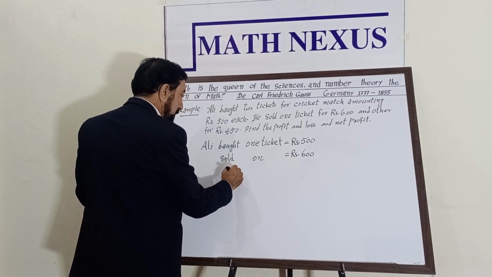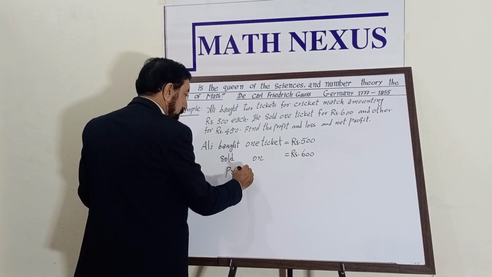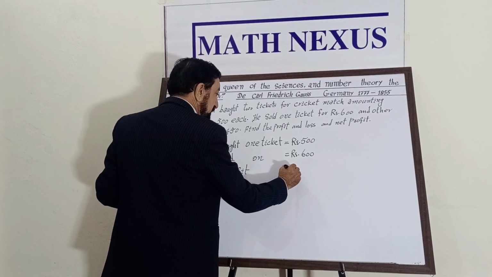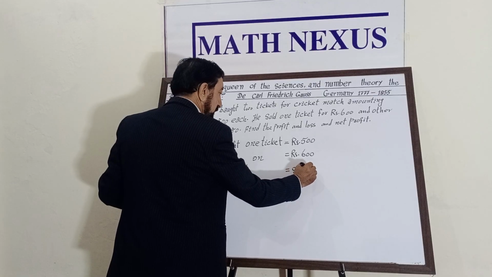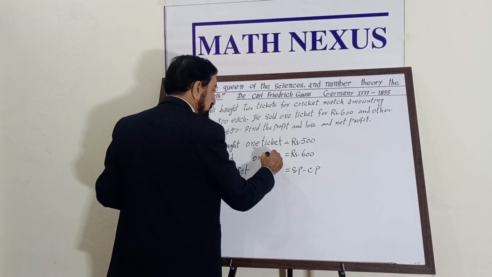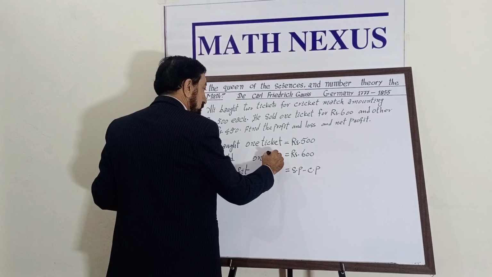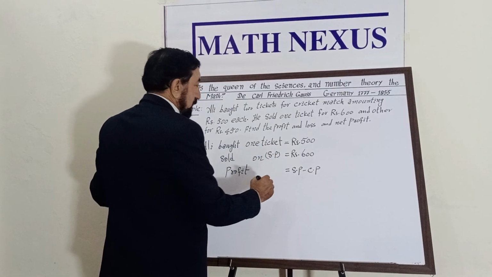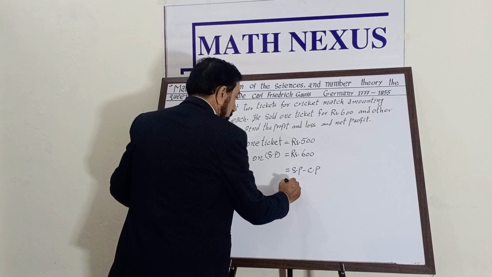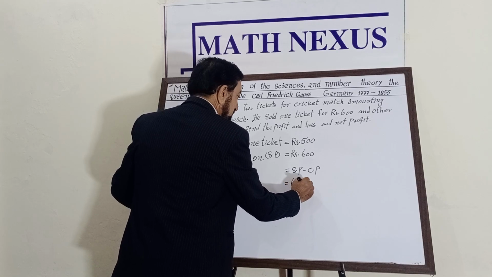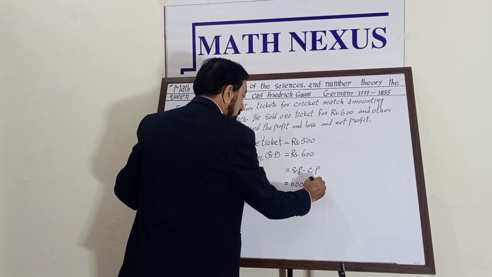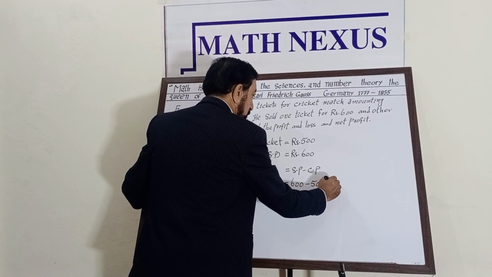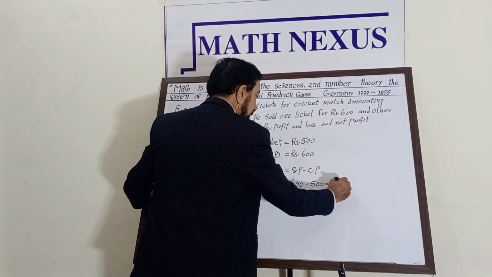Profit is equal to sale price minus cost price. Sale price is equal to 600 minus 500. Profit is equal to rupees 100.